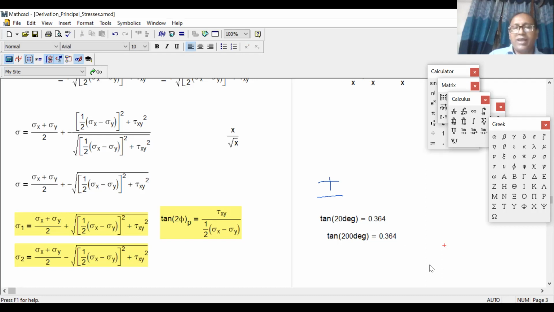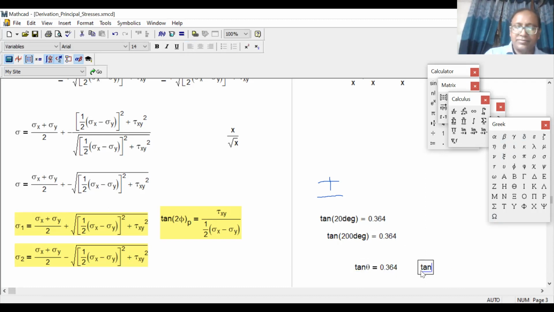So if I got, for example, tan theta equal to 0.364, what will be the value of theta? I can say theta equal to 20 degree is right, but I can also say theta equal to 200 is also right. Why?